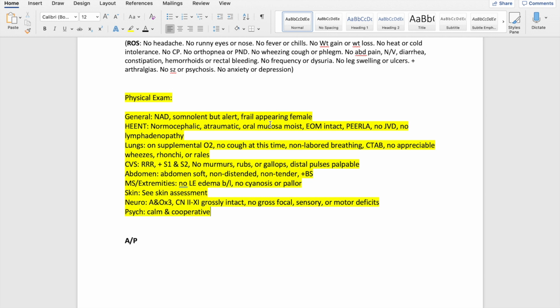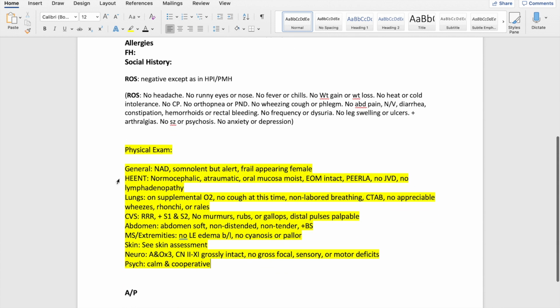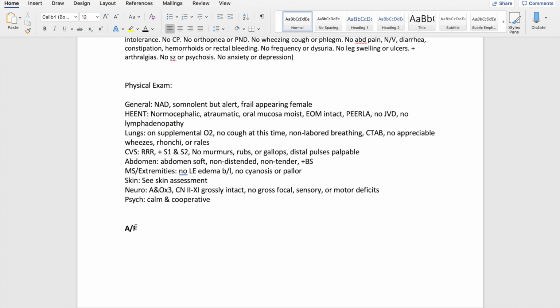If the patient looks frail, if the patient looks disheveled, you can definitely say whatever it is you want to say in this general area. And then the rest of it, the lungs, the cardiovascular system, musculoskeletal, all of that. So this is pretty much a template that I have on my computer that I follow when I do my documentation on patients. And of course, A and P is the assessment and plan.